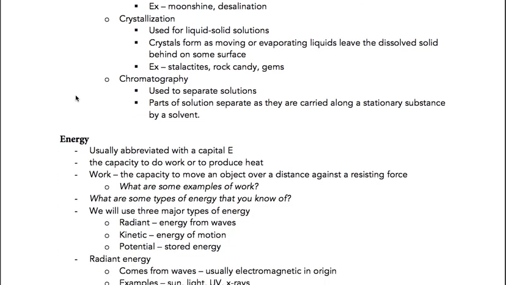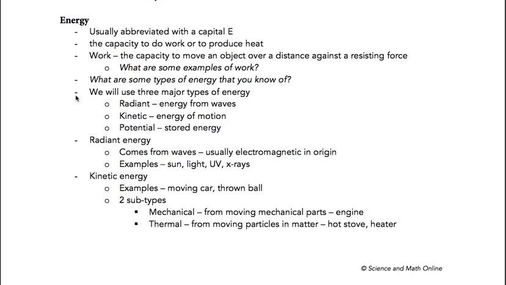And then the last thing in this unit is energy. Just trying to get them once again into the idea of radiant, kinetic, and potential energy. Kinetic versus potential, the whole idea of a roller coaster. You go up the hill, and that is potential energy. You're putting potential energy into the system.